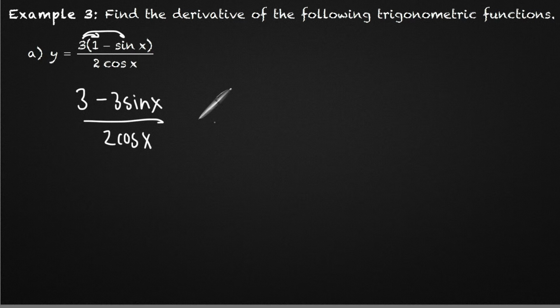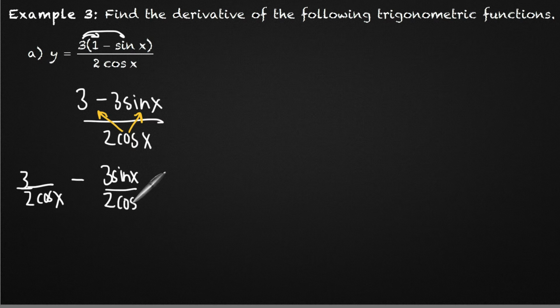If you separate this into two fractions, you eliminate the need to use the quotient rule. So watch, 3 over 2, and the cosine of x is on the bottom. So 3 over 2 cosine x minus 3 sine x over 2 cosine x.